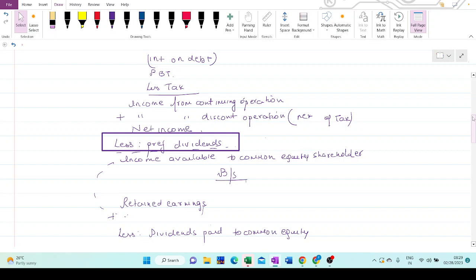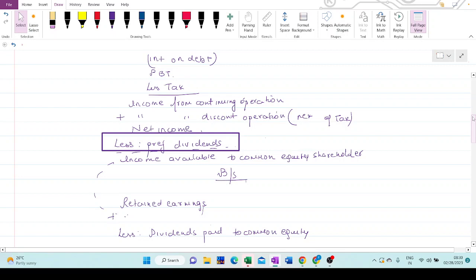So if you had raised debt at a cost of 8% a year or two back, that 8% won't feature in the calculation of your weighted average cost of capital. If you had raised common equity at 12% in the past, we won't use that 12% in the calculation of WACC. What will we use?